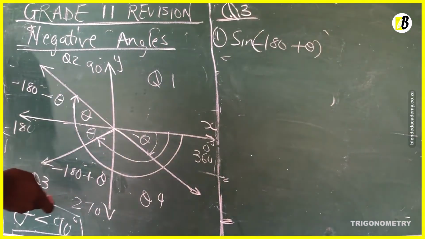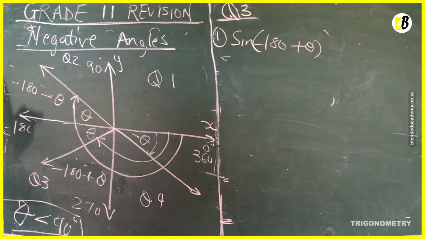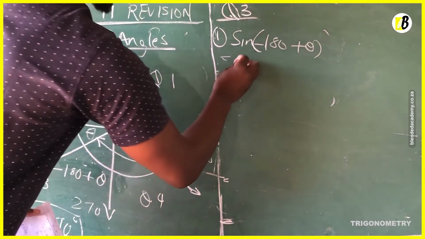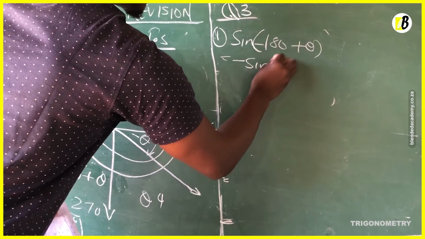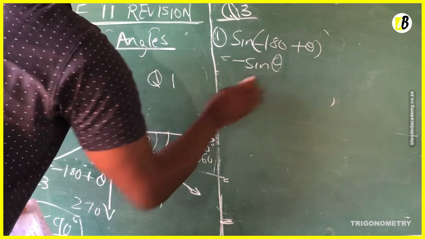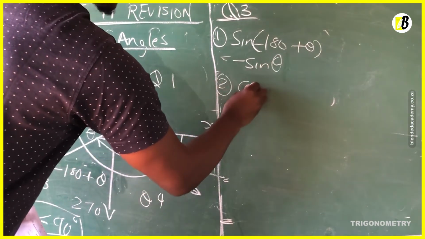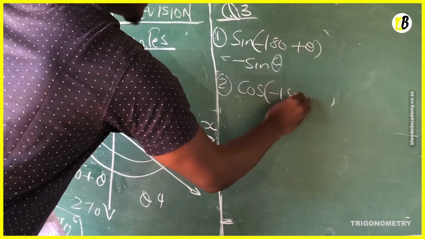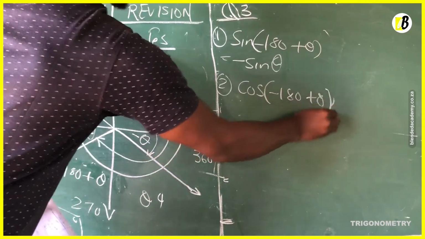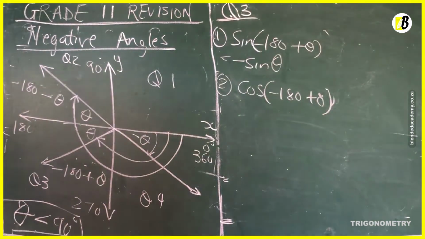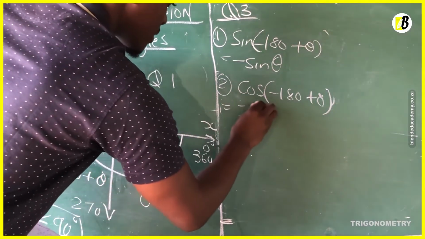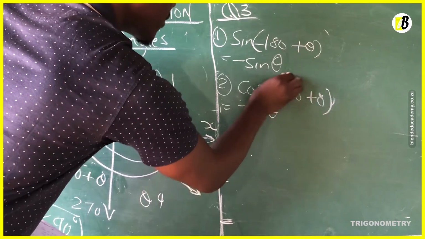In the third quadrant, we know that sine is negative. The only function that's positive is tan. So it's minus sine theta. And then cos of minus 180 degrees plus theta. It's also in the third quadrant. In this quadrant, you know that cos is also negative. So it's minus cos theta. That's how we're going to simplify that one.